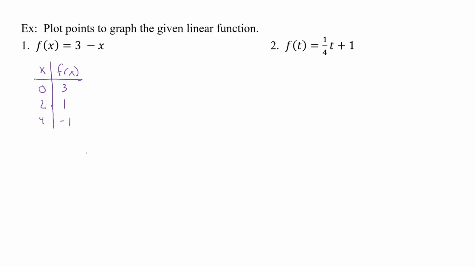So now what we can do is get this drawn here. All right, so 0, 3. So that's going to give us a point right there. Then 2, 1. That's going to give us a point here.